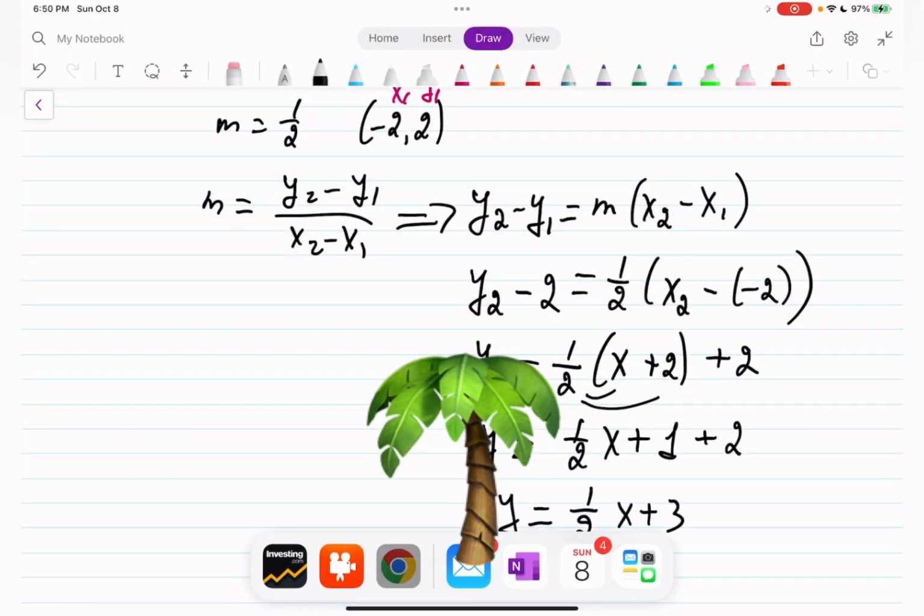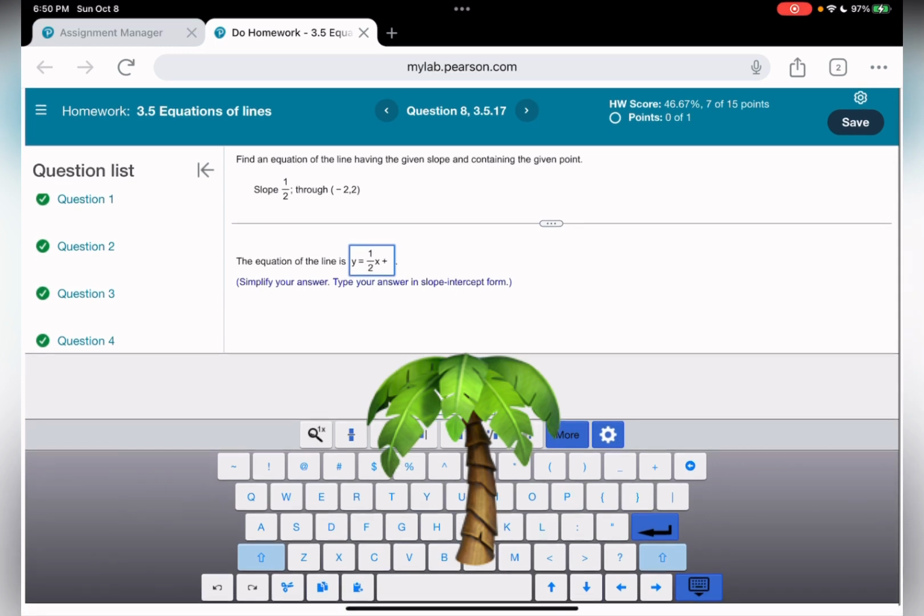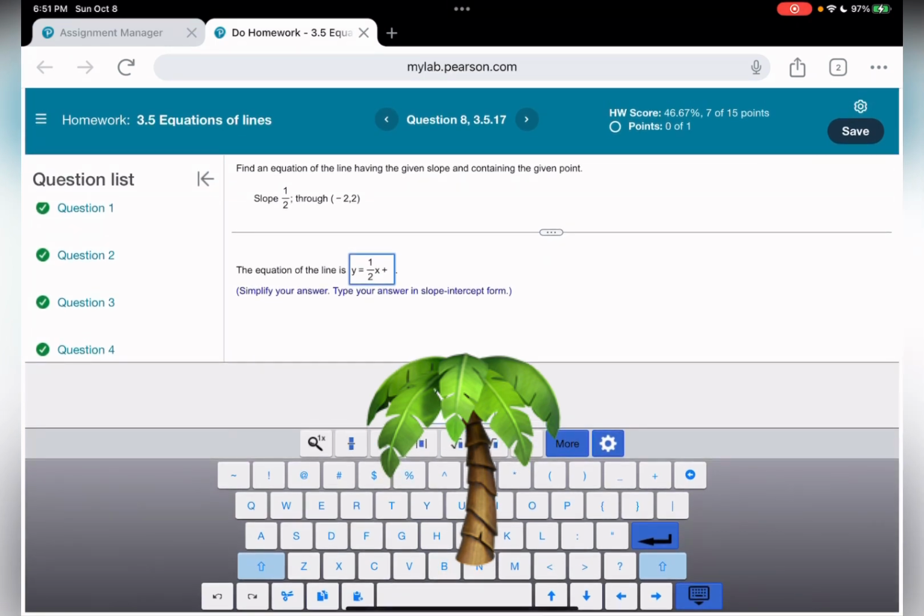Okay. I like the dollar sign better than 3, but it's not going to work now. Okay.